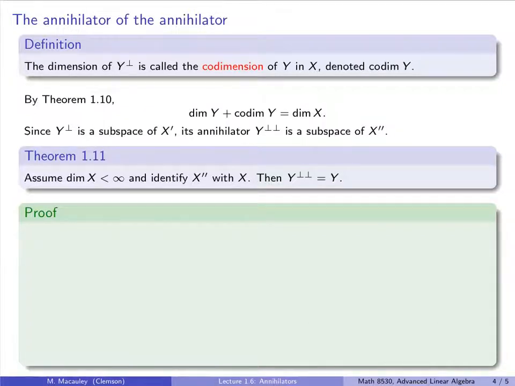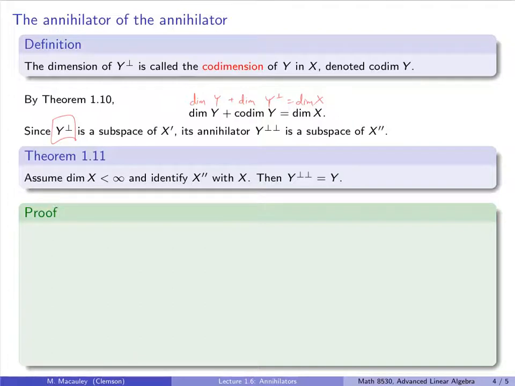So to prove this, I'm actually going to rewrite this back as the dimension. Well, before I do that, let's take the annihilator y perp and apply it to theorem 1.10. Now, theorem 1.10 said that the dimension of y plus the dimension of y perp equals the dimension of x. And this is true for any subspace.